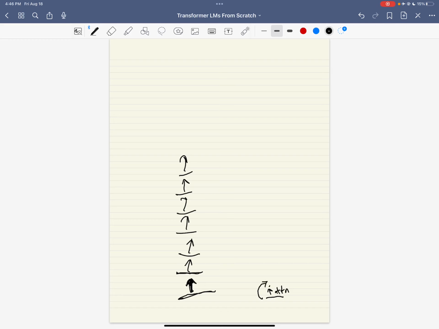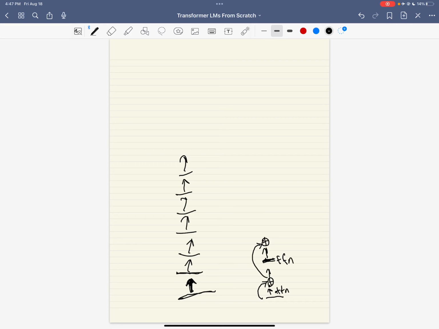Then if this is the feed forward layer, the output here is added to the output from the feed forward layer. So that's a residual connection, and it's very important, and it happens at every layer in a transformer network. It's basically critical for the thing to work.